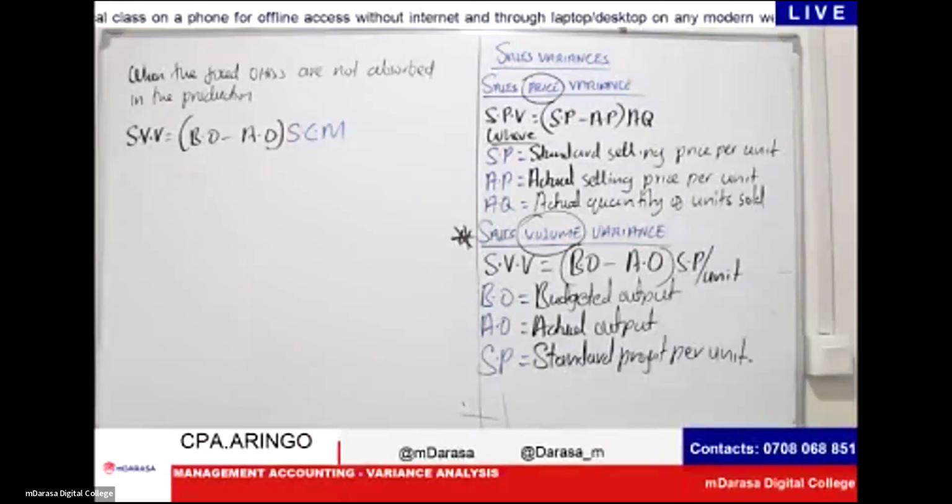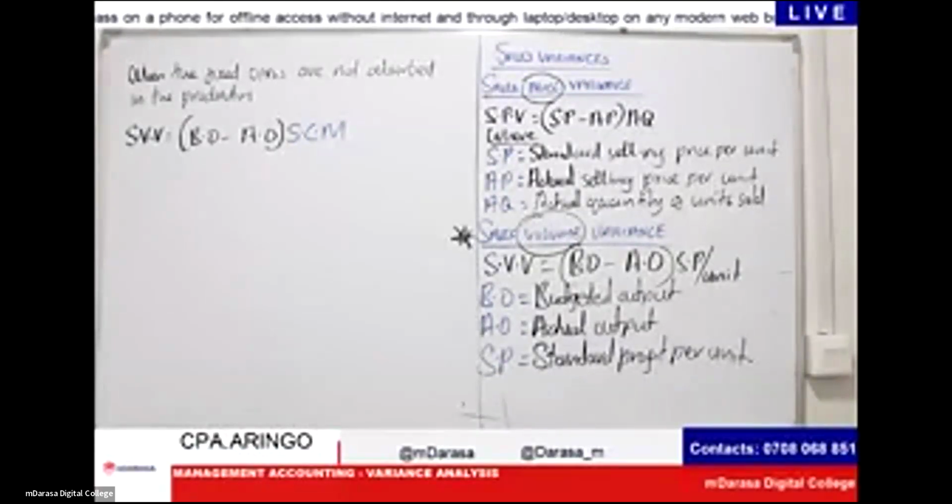Right now in advanced, we'll be looking at other elements, which are the mix and yield variances. This is the only difference compared to intermediate level; all the rest are just the same.